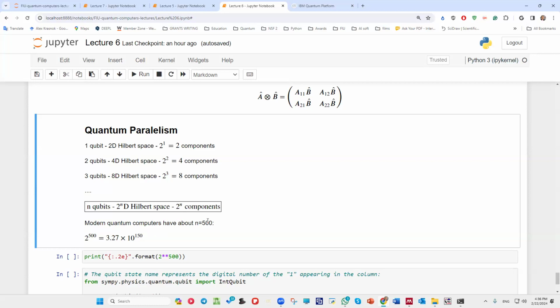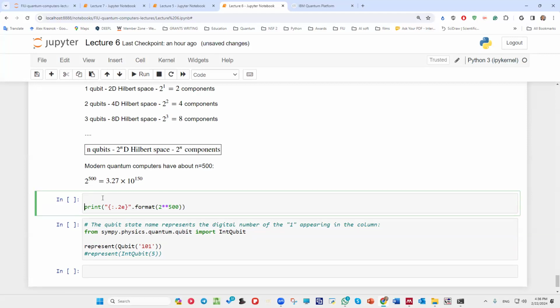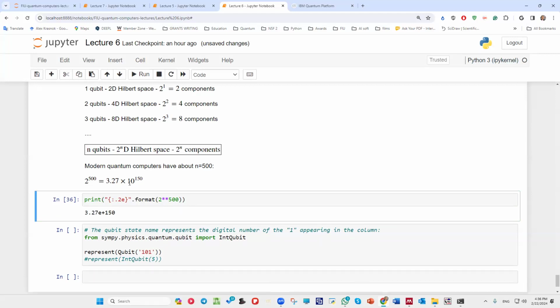So this number can be quite large. Still, it's not sufficient for most important applications. But if you calculate 2 to the power of 500, I did it here, it will be a very large number. I represented it in exponential form. The result is 10 to the power of 150.